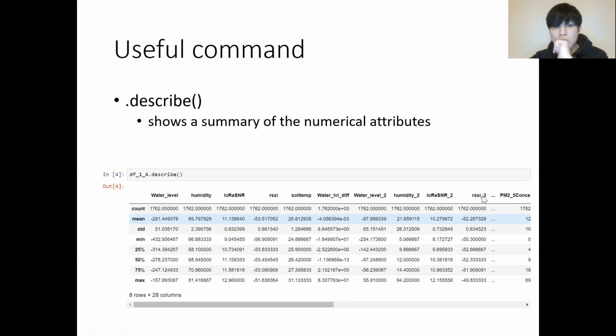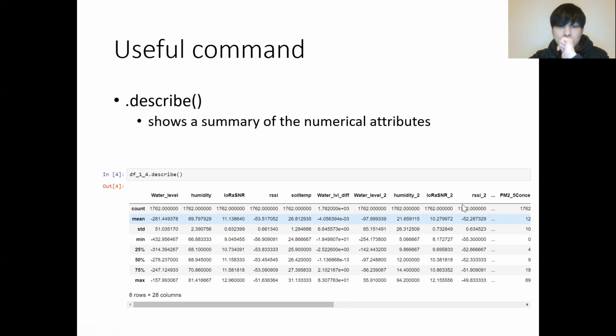Because this is a time series, you collect data every 1 hour. So you have the water level at 1 p.m., 2 p.m., 3 p.m., and so on, and you have the input for every attribute.